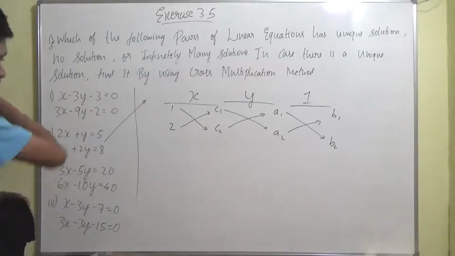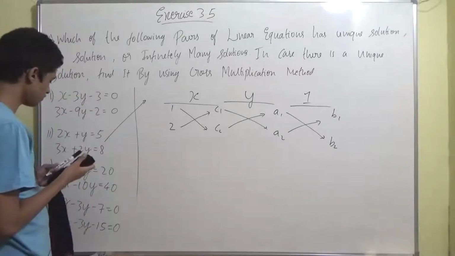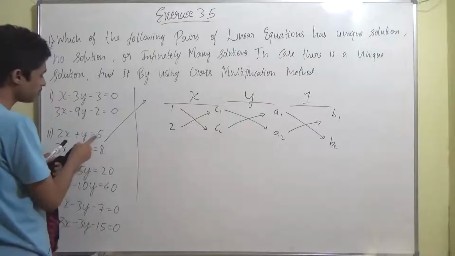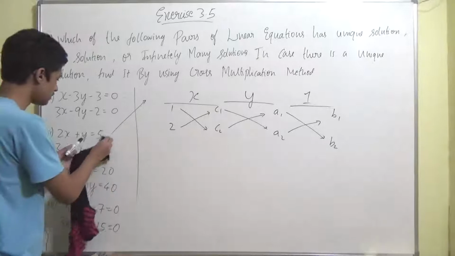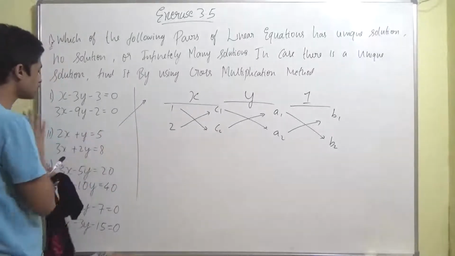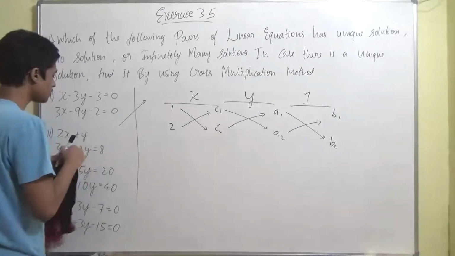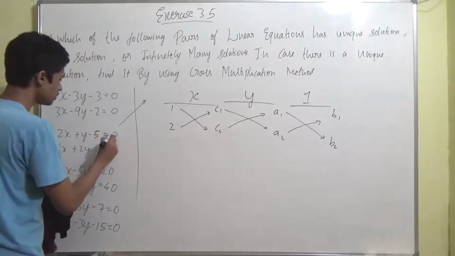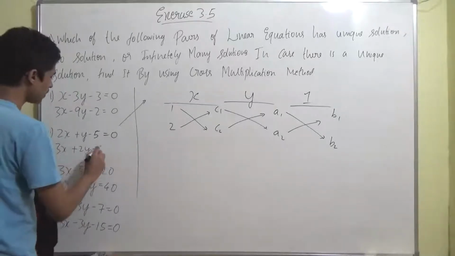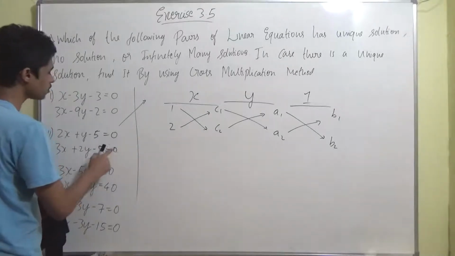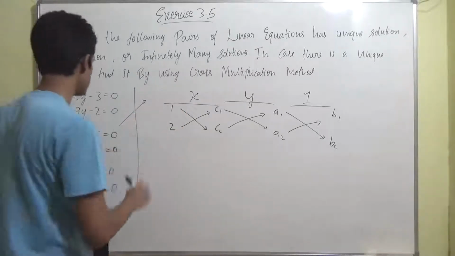We'll do one more thing here to avoid any confusion: we'll bring this 5 to LHS and keep 0 on RHS. Let's bring all the terms towards LHS. When 5 comes this side, it becomes minus 5 equal to 0. When 8 comes this side, it becomes minus 8 equal to 0. The equation is the same, there's no difference. Now we just have to plug the values in and solve it.